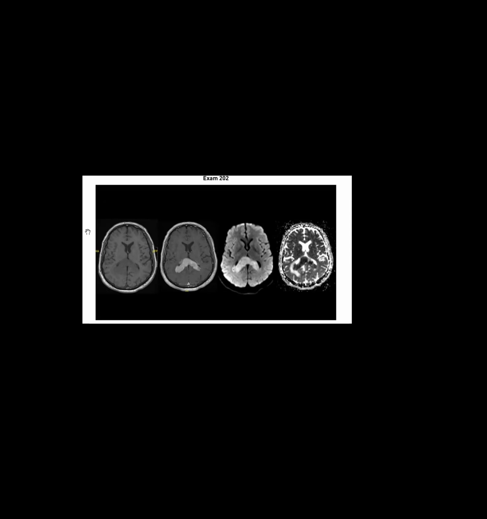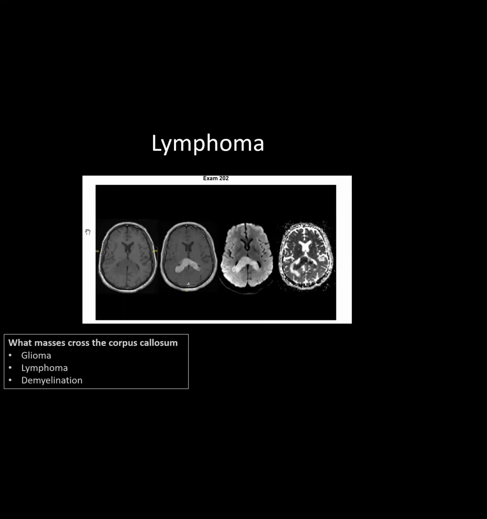So there's a classic differential of maybe three things for mass-like lesions or tumors that can go in the corpus callosum. Glioma, including GBM, is going to be a big one. Lymphoma is going to be another one, and then tumefactive demyelinating lesions. Once in a while, a parafalcine meningioma can grow into and squash the corpus callosum. But the big ones to think about are GBM, lymphoma, and tumefactive demyelination.